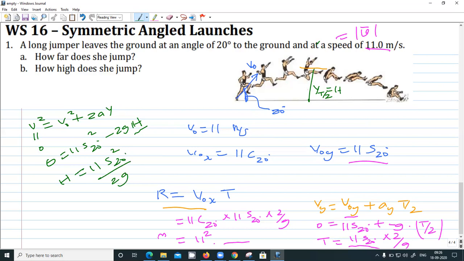0.72. Check the answer. It looks too small. Y max is 0.72. What is the answer? Have they given what is the answer key? They did Vy squared equals 2a delta y plus Voy squared.